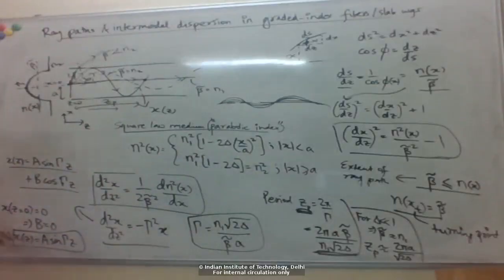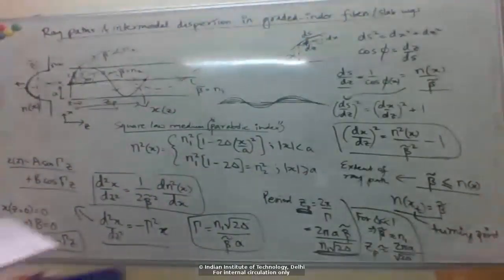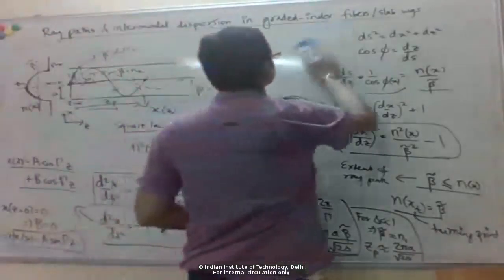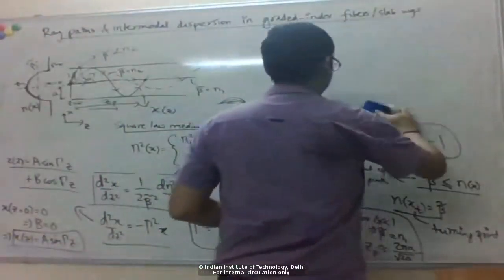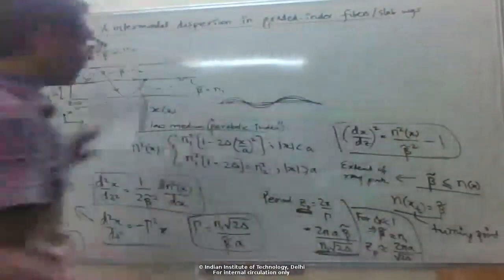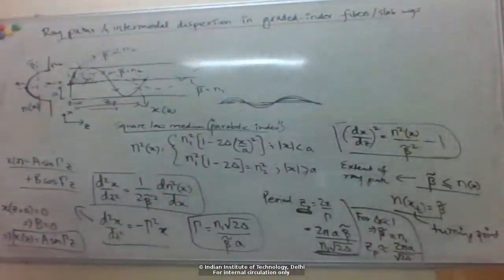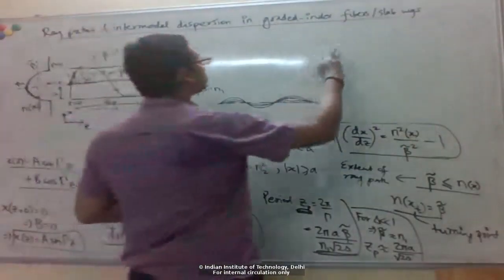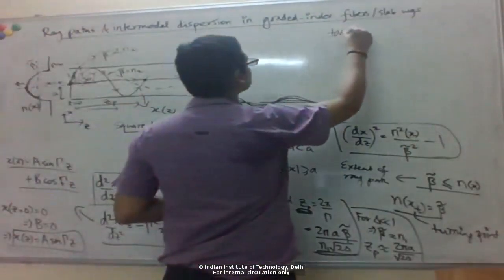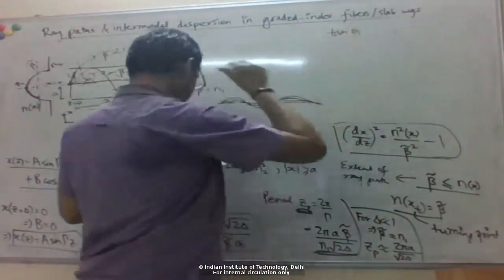Right, so to get the complete solution, we still need to figure out this constant capital A, right? So that we can get from this launch angle again, right? So this initial angle theta I, right?